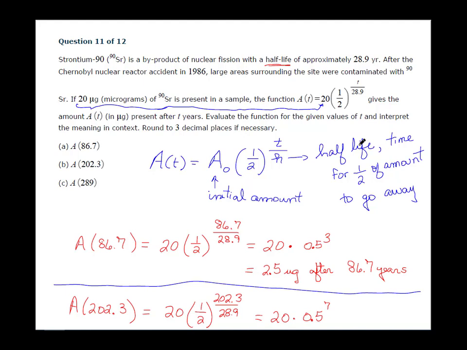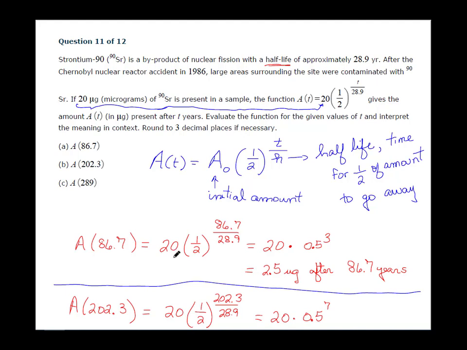So, my formula for this is the following. The amount you're going to have is how much you start with, and then 1/2 raised to the amount of time divided by the half-life. So in our case, we have 20 micrograms.